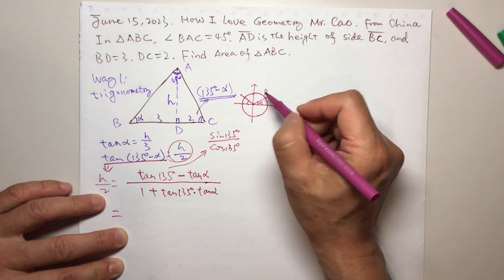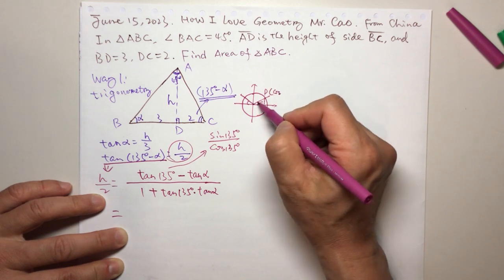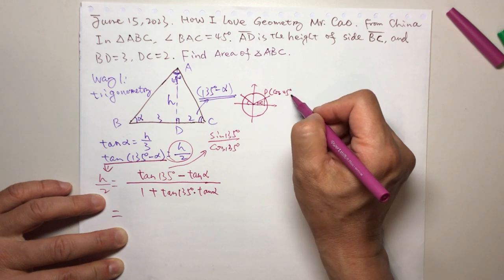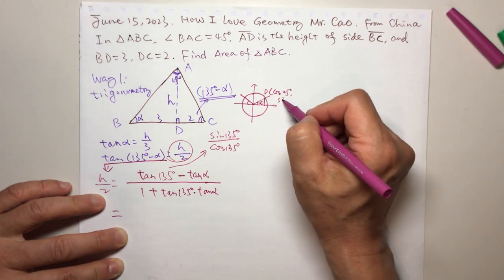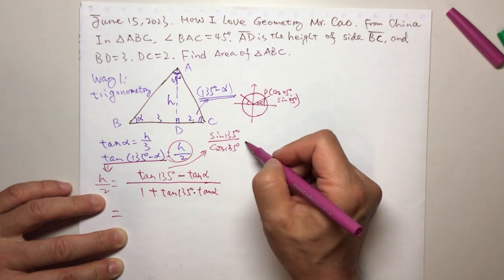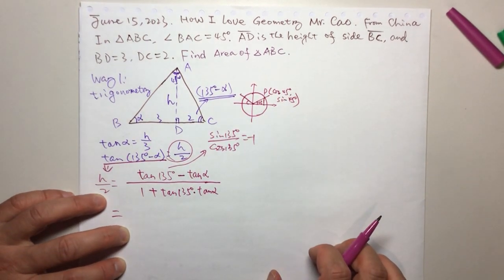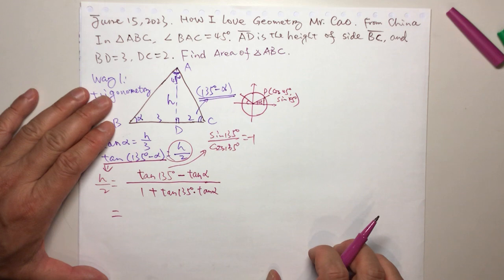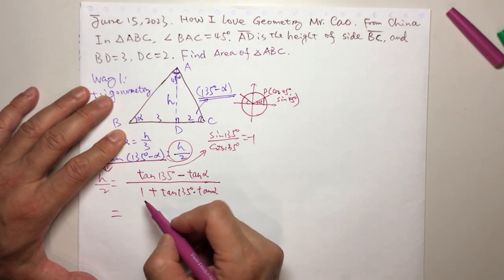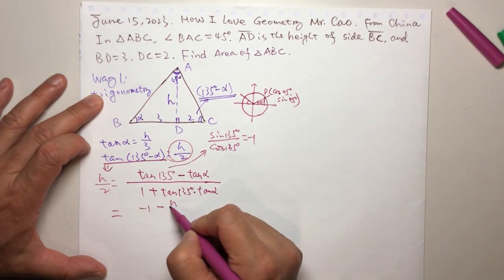If I get a point P, and this is cosine 45 and this is sine 45 degrees, then you can easily get that this is -1, right? That's my way to remember special triangle values. So it equals -1, and tangent alpha is h over 3.